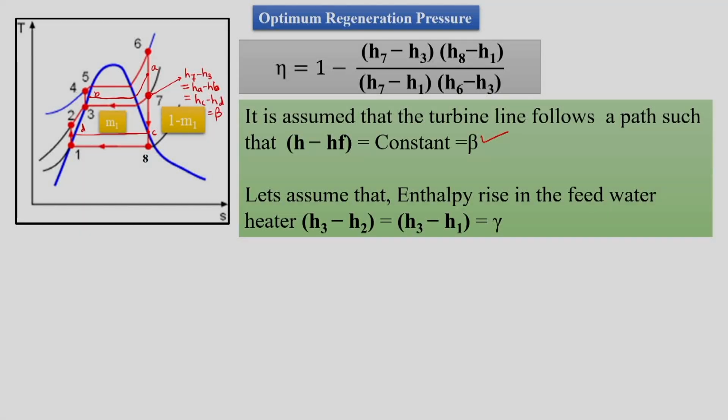Now, let us assume that the enthalpy rise in feed water heating, which is H3 minus H2, equal to H3 minus H1, is gamma. So the heating happening in the feed water heating is gamma, and the enthalpy difference in the expansion process is beta, but this beta is a constant.